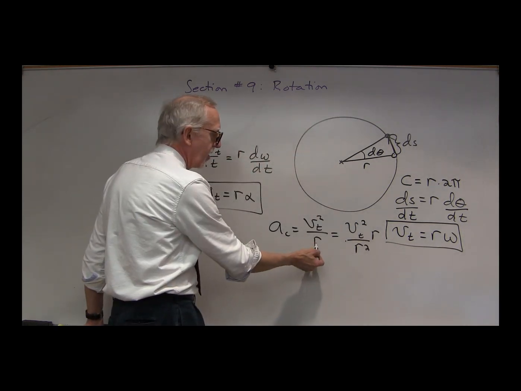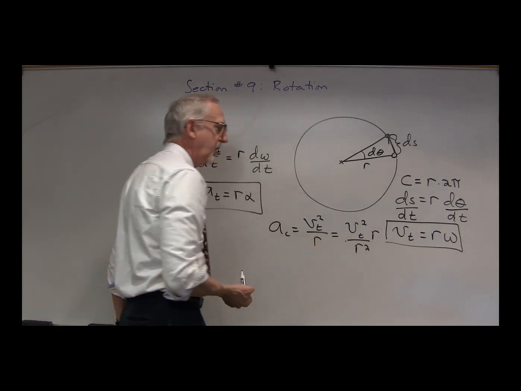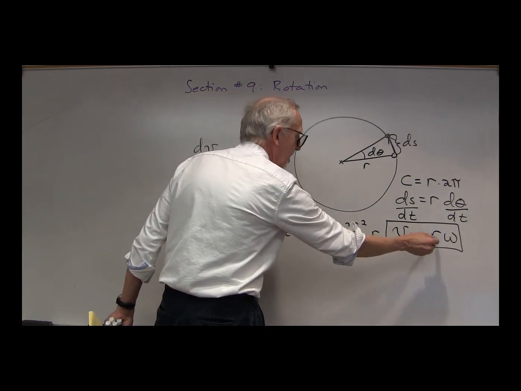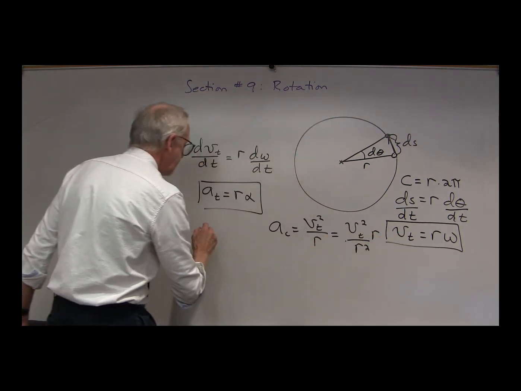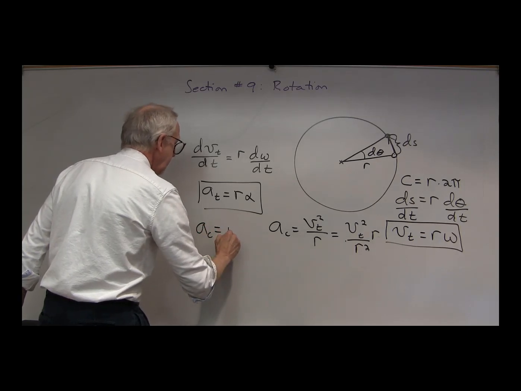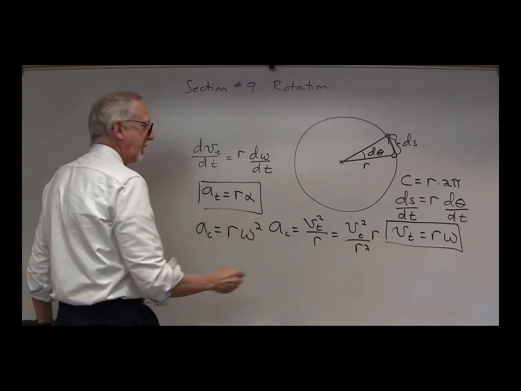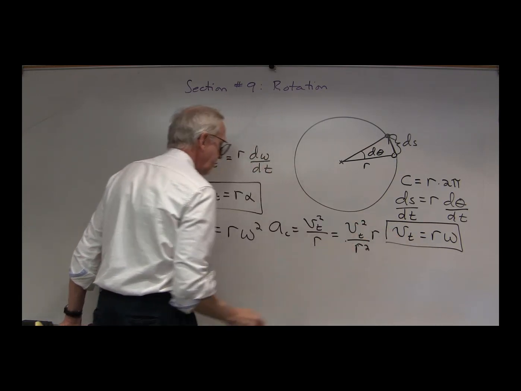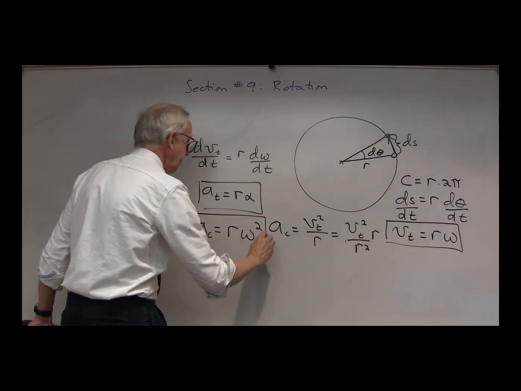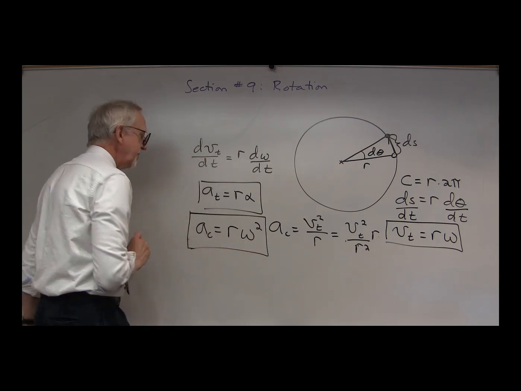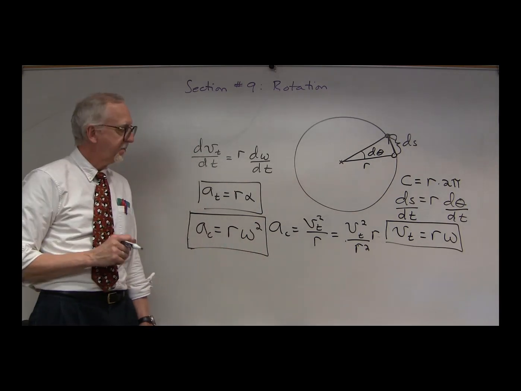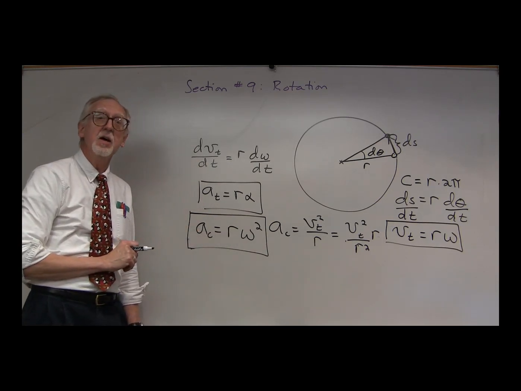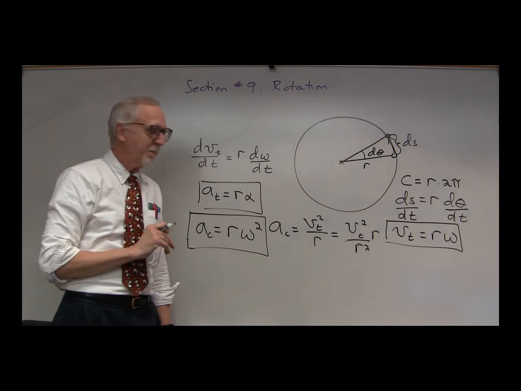But v t over r is omega. So the centripetal acceleration is r omega squared. So we have a very simple relationship that relates the angular properties to the centripetal acceleration, a sub c. Very, very good.